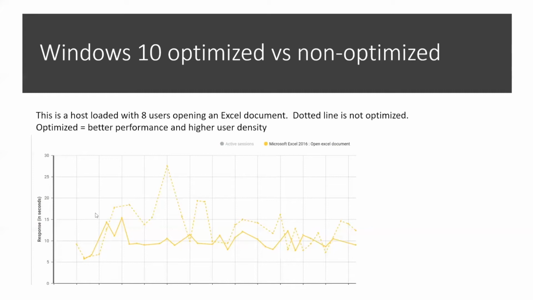There's probably a 3 to 4 second difference in most cases when opening a document. So optimizing your VM or your master template will not only lead to fewer resources being used, including higher density, but it will also give your users a better user experience.